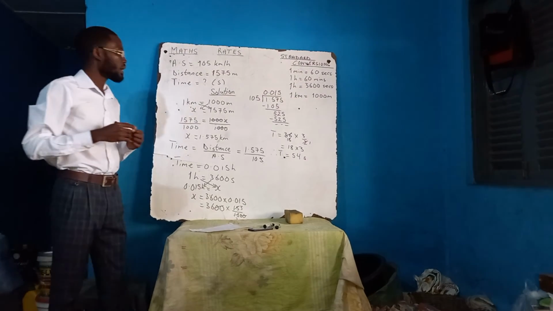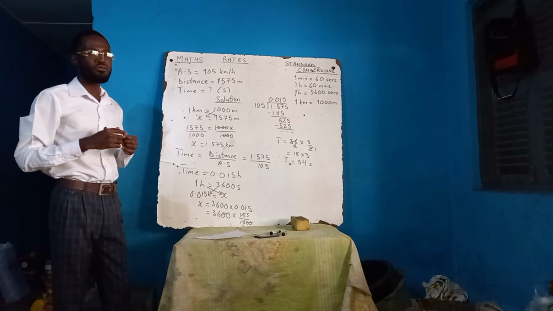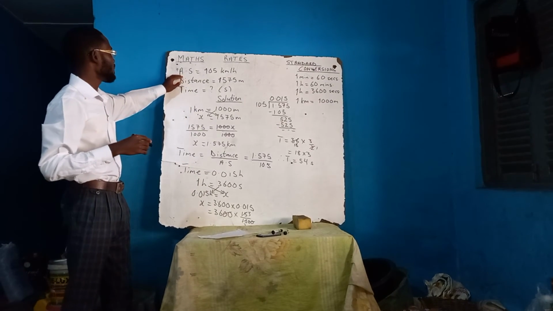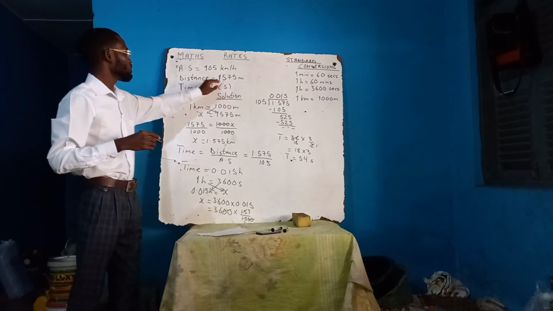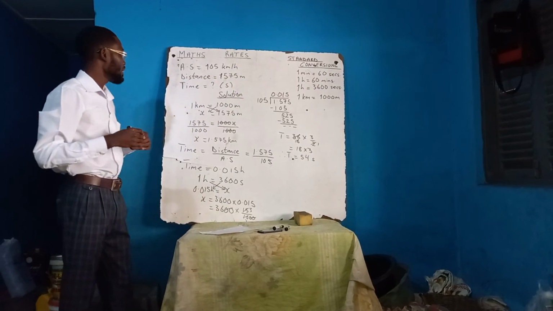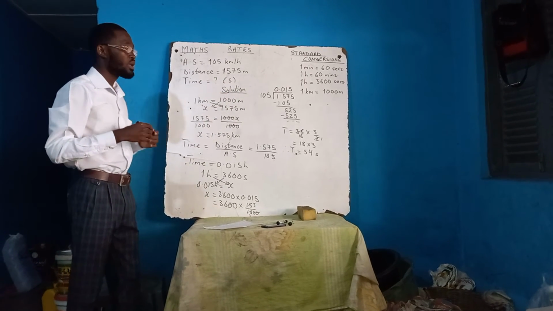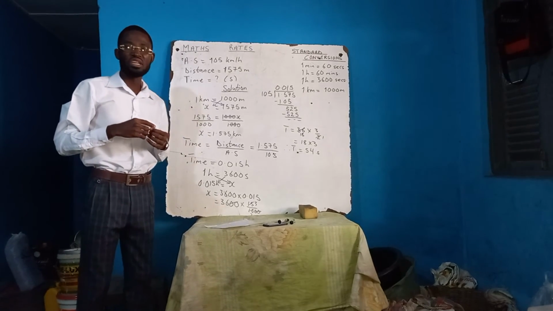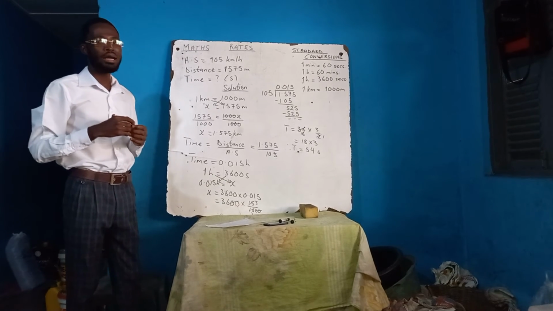So I'll actually do a wrap up on today's lesson as to what we've really tackled thus far. We have a question whereby our average speed has been provided, our distance has also been provided in meters, and we were tasked with finding the time in seconds. And for that matter, we really ought to do some manipulations on our standard conversions in order to attain our answer.